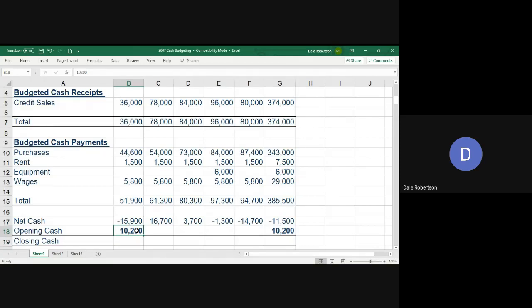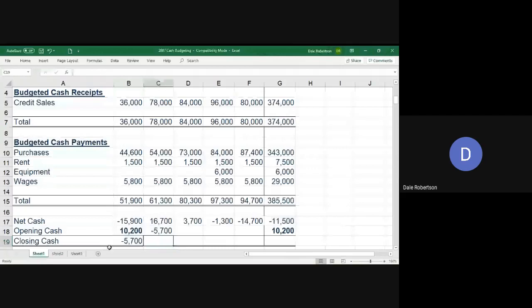If you start January with 10,200, and then during the month you make a loss of 15,000, at the end of that month you're going to have a negative balance. Then you're going to end February with 11,000.